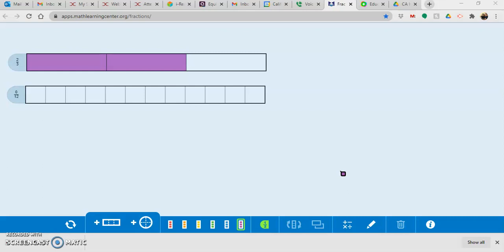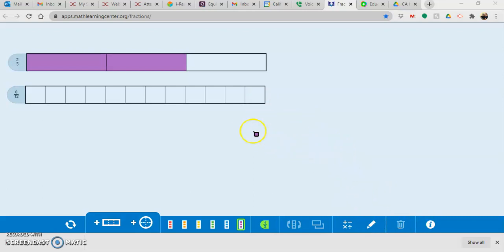So I wanted to come back to these examples and show you both visually and then mathematically how equivalent fractions can be created, because it's a really important skill. So let me get my little writing tools out here.